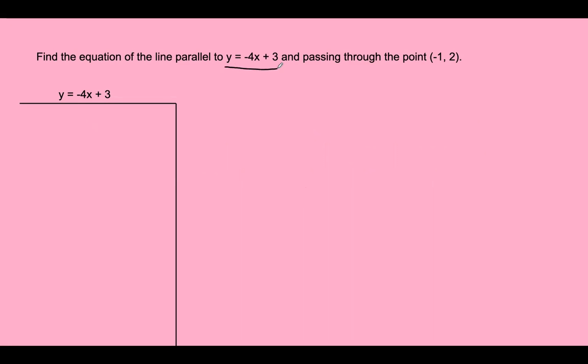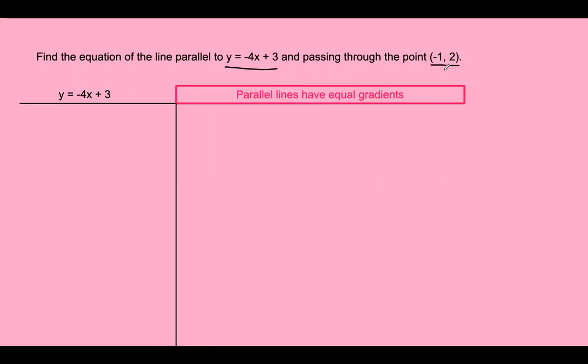Okay. We need to find now the equation of another line that is parallel with y equals minus 4x plus 3 and passes through the point minus 1, 2. Now, something that you must remember forever is that parallel lines have equal gradients.